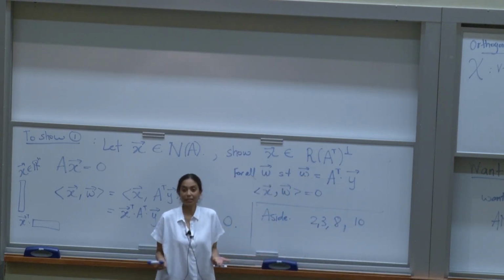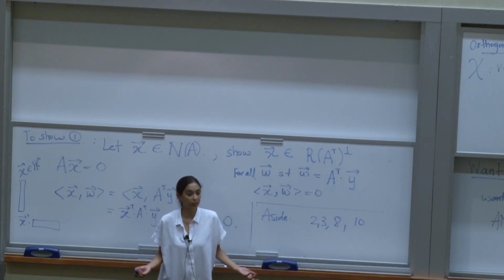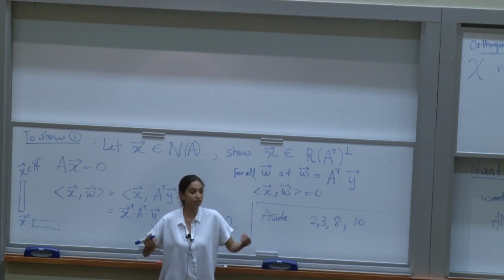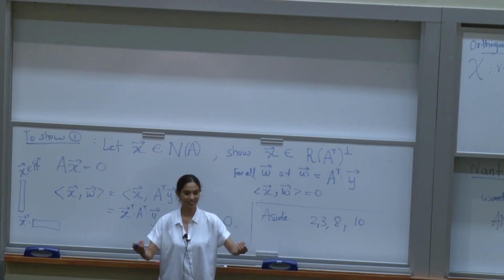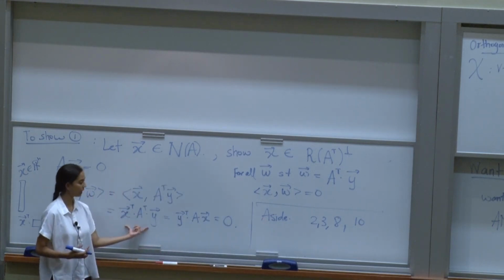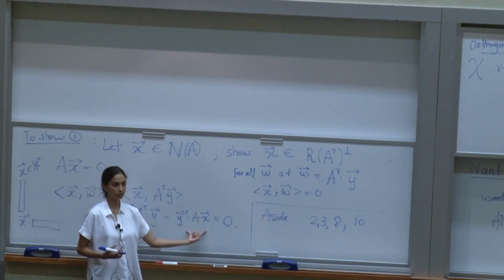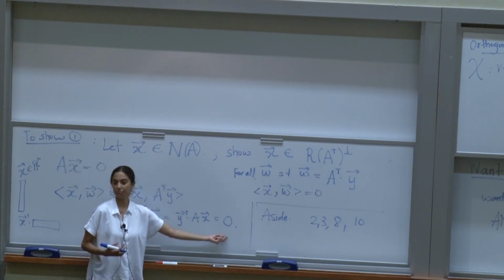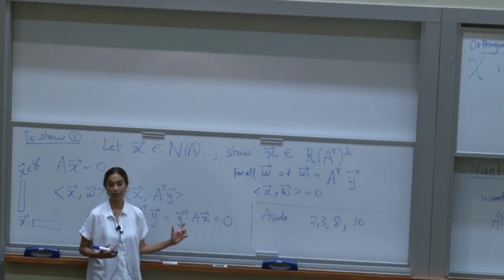So a scalar is basically a 1 by 1 matrix or a 1 by 1 vector. So when I take the transpose of a scalar, what do I get? Still a scalar, right? So when I know that this is a scalar, I can take its transpose, that's why I'm allowed to do that.